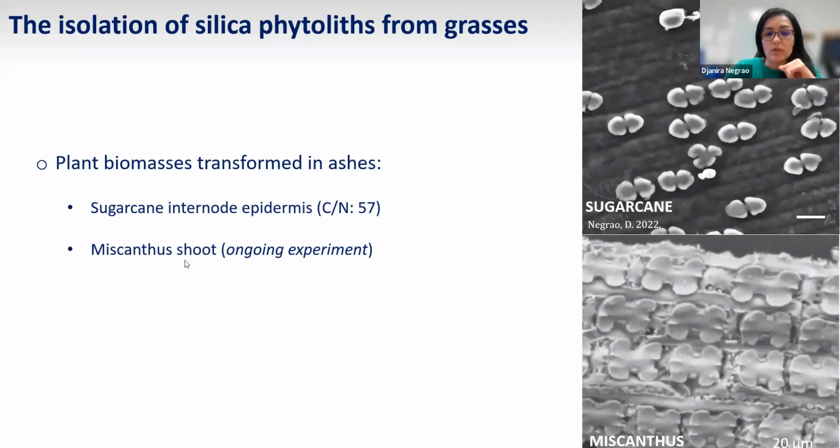And I also used miscanthus shoot from North Farm. It's an ongoing experiment, but I use the same method to obtain the ashes. So I burn it, then I digest it in an acidic solution, and then I burn it again at more or less 600 degrees Celsius to get a material rich in silica.